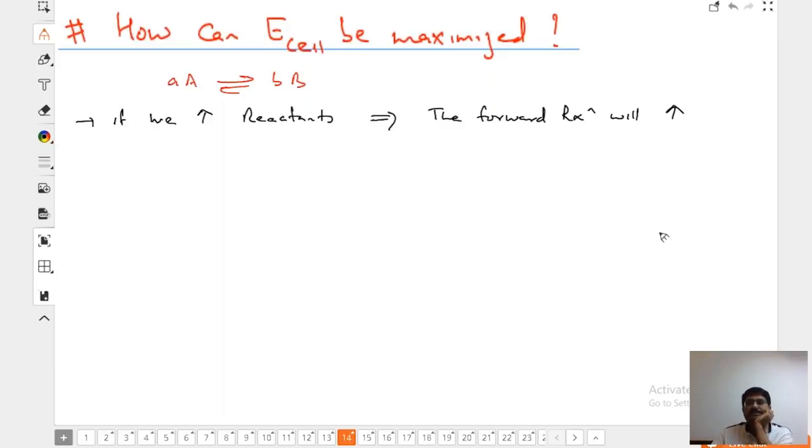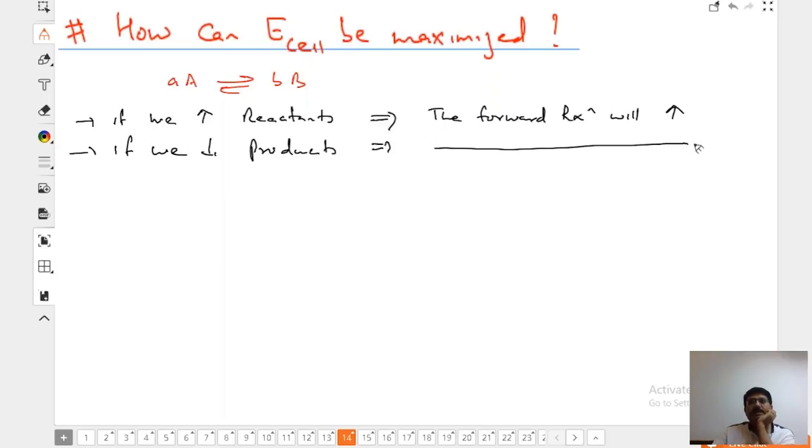Do you agree? Yes, simple. If we decrease products, the forward reaction will increase. So K increases. If K increases, and this reaction is giving you voltage, then E cell increases.